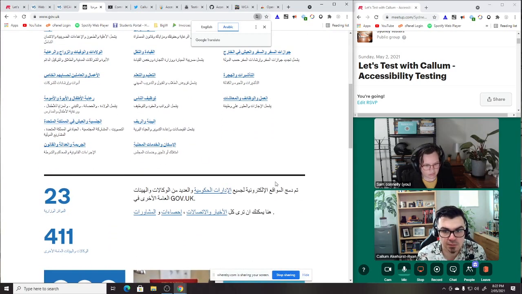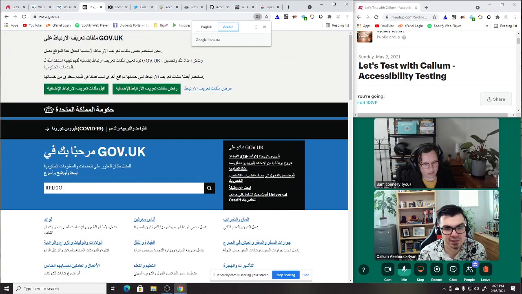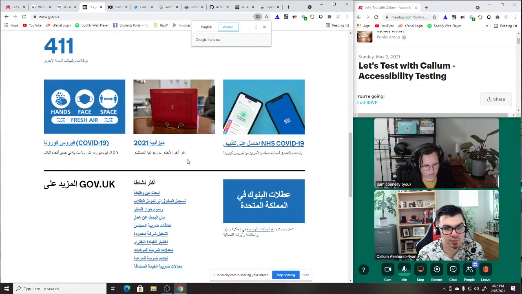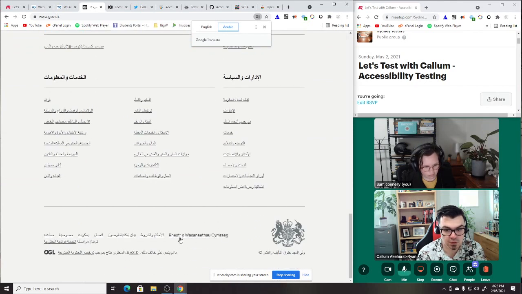Gov.uk doesn't render. I don't know if that's deliberate. I think that's like the website URL in COVID-19 is not translated. But other than that, that looks like a fairly good. Oh, that's Welsh, so that's a specific other language that hasn't been translated. I thought something stuffed up with the translation there.